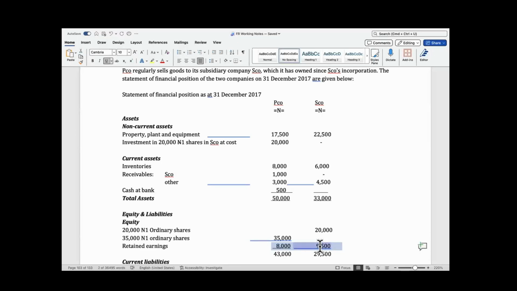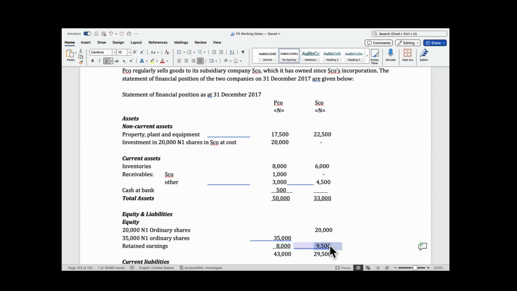Right, Michael? So what we're trying to say now, from what I've explained, is you cancel out similar items. I'm asking that because retained earnings is part of equity, so should we cancel this out? Canceling out means that we won't consolidate it.